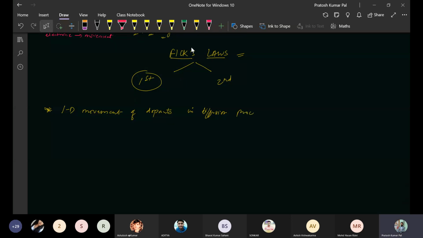So it is a diffusion process where we are considering only the one-dimensional movement of dopant. This has been assumed in defining Fick's law. Okay. So the first law of Fick says this is J. This is called the flux basically. So flux is like a structure. Suppose this is a silicon structure.